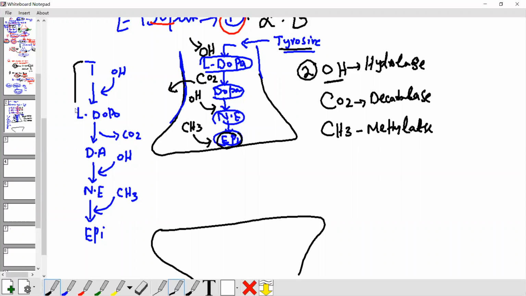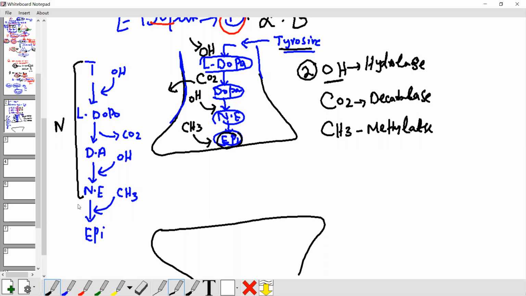Okay, write a sentence here. Tyrosine changing to norepinephrine in a nerve has only three enzymes. Now you tell me, can the neurons of the sympathetic nervous system produce epinephrine? No. Sympathetic system neurons are not able to produce epinephrine.